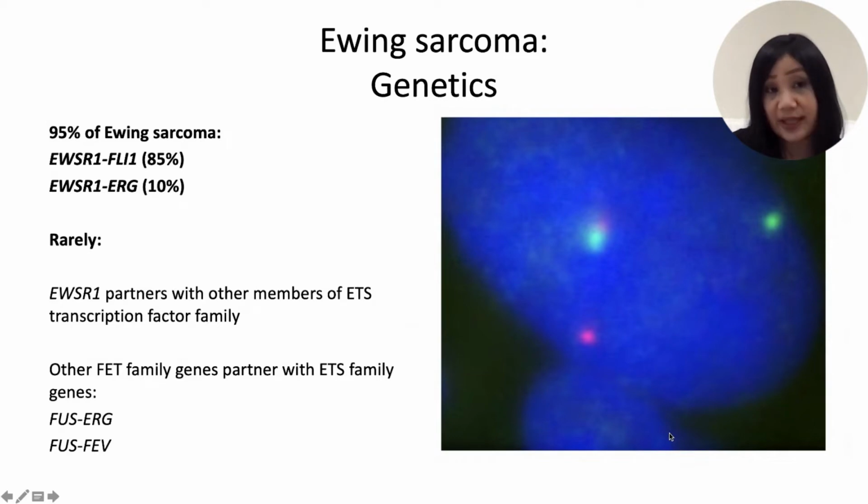However, the vast majority of Ewing sarcomas show EWSR1-FLI1 or EWSR1-ERG fusions. FLI1 is by far the most common, that's seen in 85%, and ERG fusion is seen in approximately 10%. So more rarely, EWSR1 can partner with other members of the ETS transcription factor family, and also rarely other FET family members. So FUS instead can fuse with ERG or FEV.